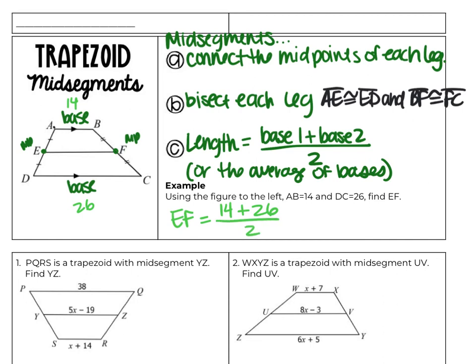If you are typing this in the calculator, make sure you do the top part first or put parentheses around it. Okay, so that's going to give us 40 divided by 2 to give a mid-segment of 20.